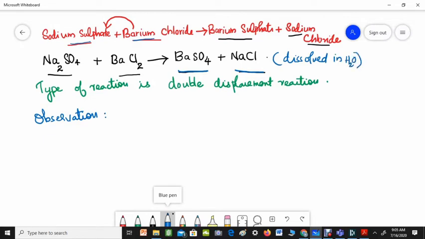You will not get it as a precipitate. It's an aqueous solution. The remaining product is barium sulfate, and this is insoluble in water and it will be forming as a precipitate. So your observation is, during this reaction, barium sulfate will be precipitating out. BaSO4, barium sulfate is precipitating out.